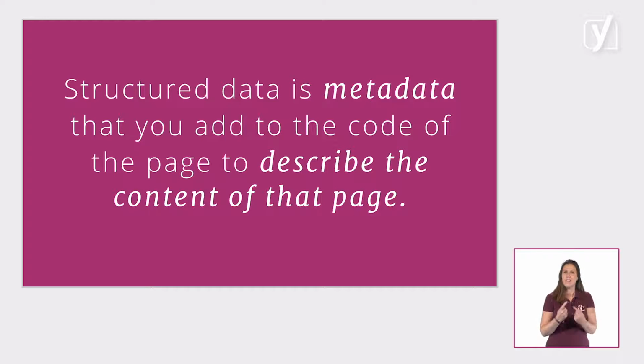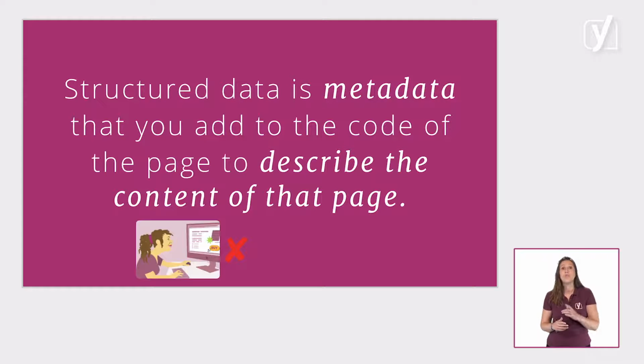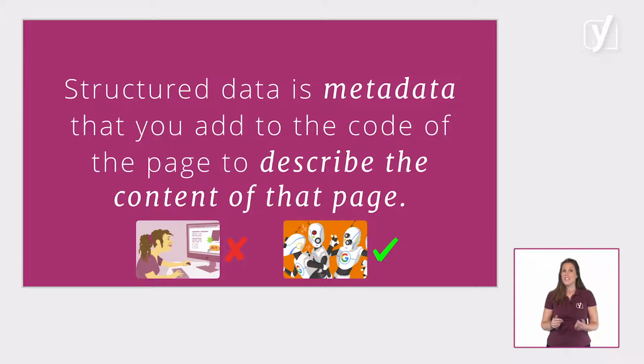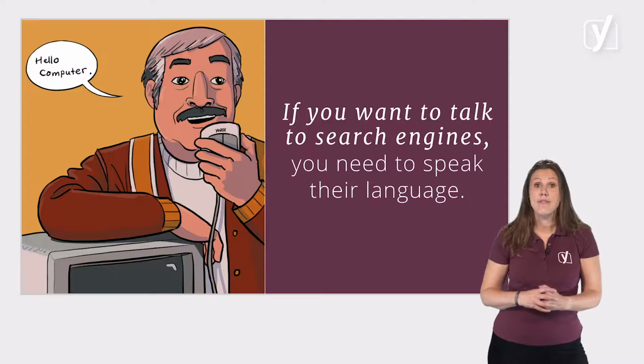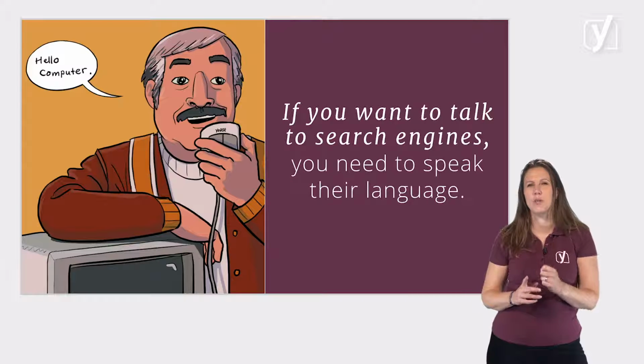It's a way to talk to Google and other search engines in a language they understand. And since you add this metadata to the code, normal users do not see it. But machines, like search engines, do. They see it and read it and then use it to show their users all kinds of things about your product or your website.